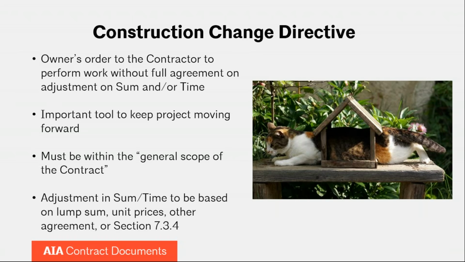If you're an owner and you've hired a contractor to do a garage addition onto your house, and then you give them a CCD to create a second story addition onto the home, that's not really within the general scope of the contract, right? That's a huge addition in scope and would not be an appropriate amount of work to be adding to the contractor's scope via a construction change directive.